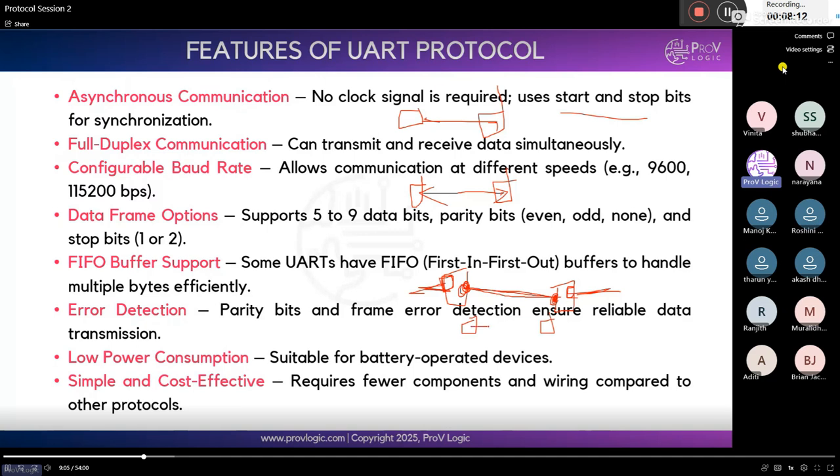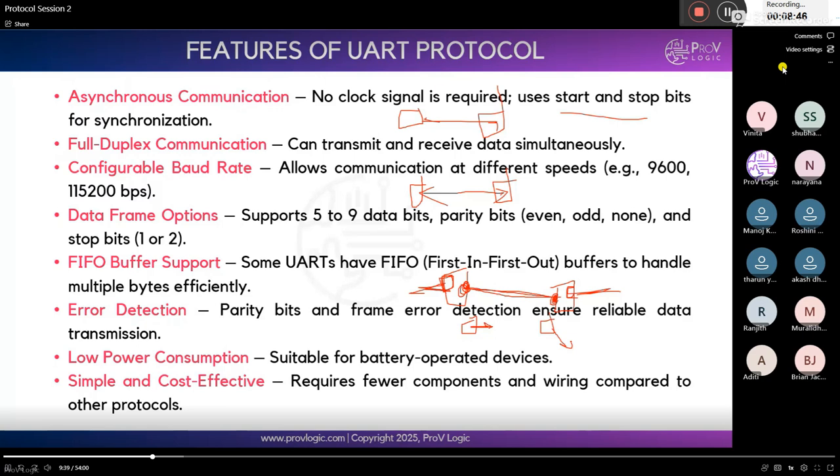Whenever we want to start the transmission, the start bit will be high, and we initiate the transfer. Whenever the stop bit is high, the receiver is not ready to accept the data, which means we need to stop the transaction. So based on the start bits and stop bits, we make the transmission between the transmitter and receiver, or source to destination.